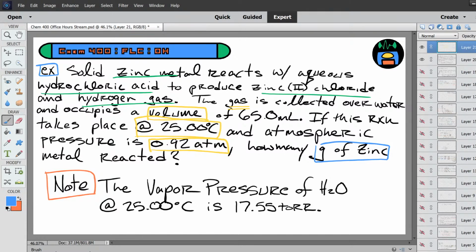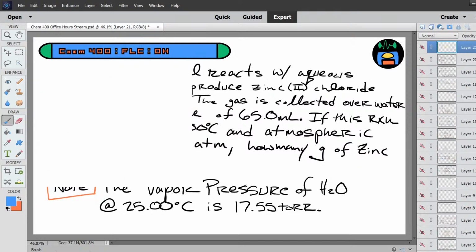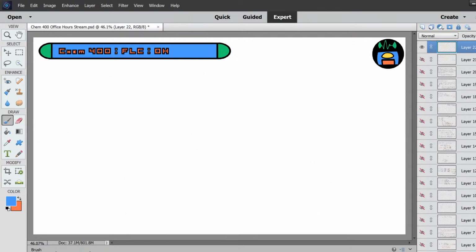To do any stoichiometry problem, we need to write a balanced chemical equation. So things have to start there. We have a reaction between solid zinc metal, right? So that's not a gas, that's a solid. And it's just zinc. It's not a compound, it's just zinc atoms. Reacting with aqueous hydrochloric acid. Let's take a moment here. This will be good review.